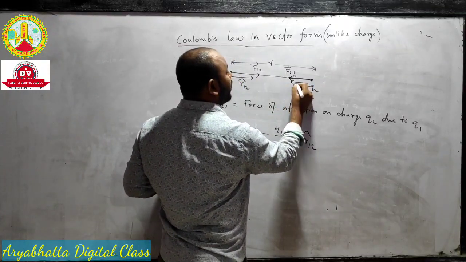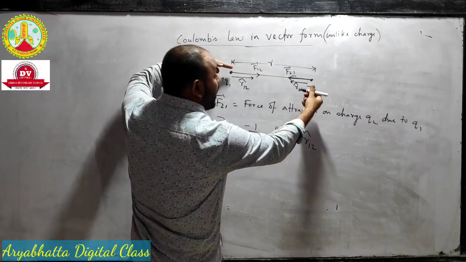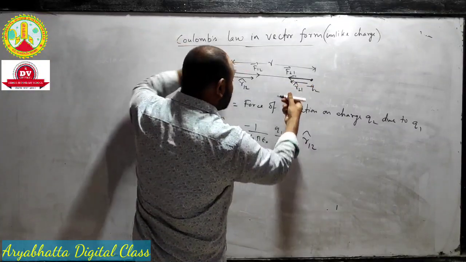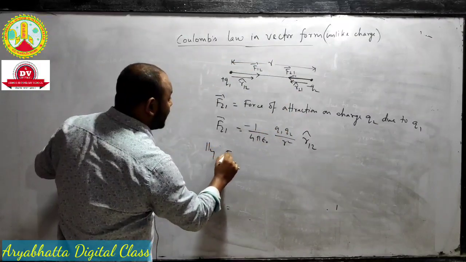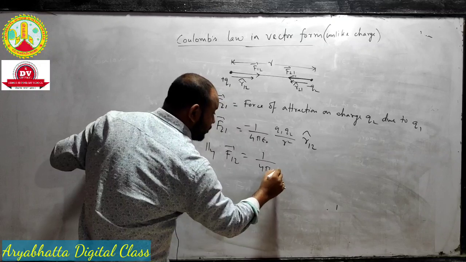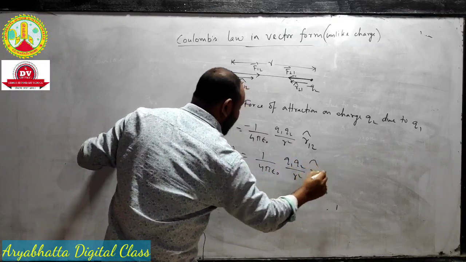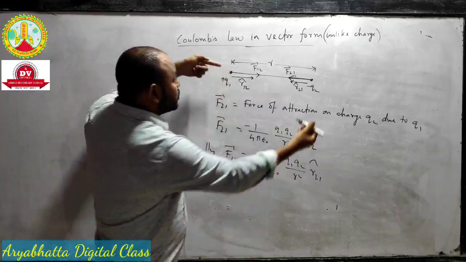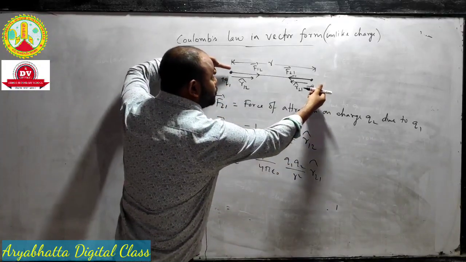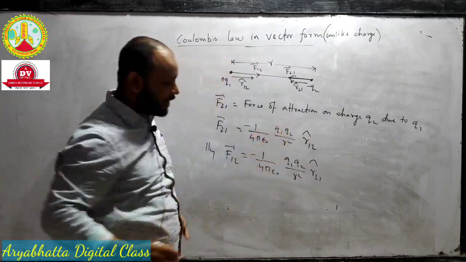That means R21. Here also the direction of F12 and R21 cap are opposite. That is why we can write F12 equal to minus 1 by 4 pi epsilon naught Q1 Q2 by r square R21 cap. You can see the direction of F12 and the position vector R21 cap are opposite. That is why this negative sign will appear.